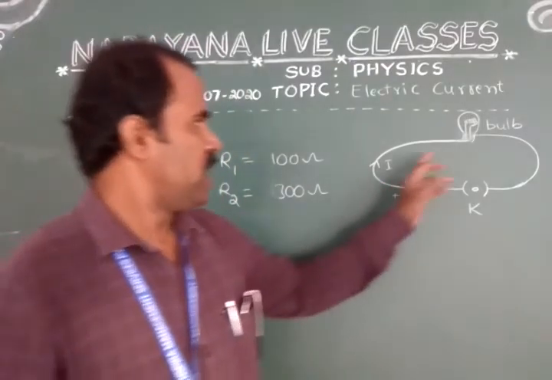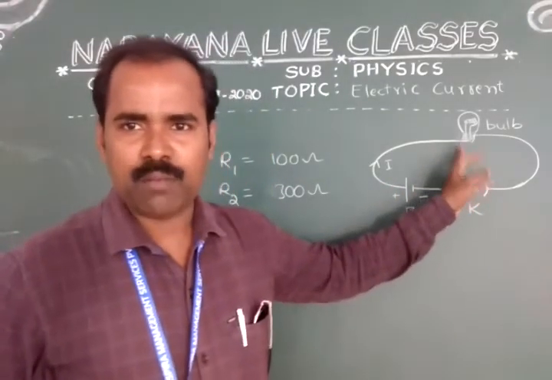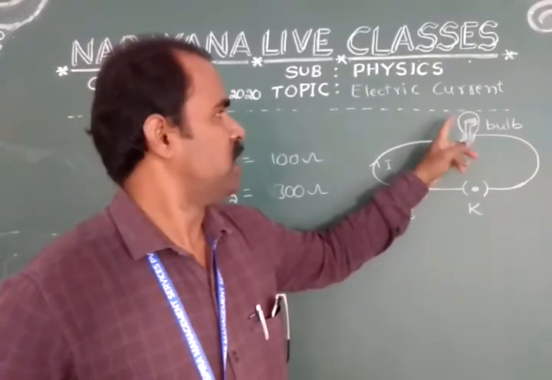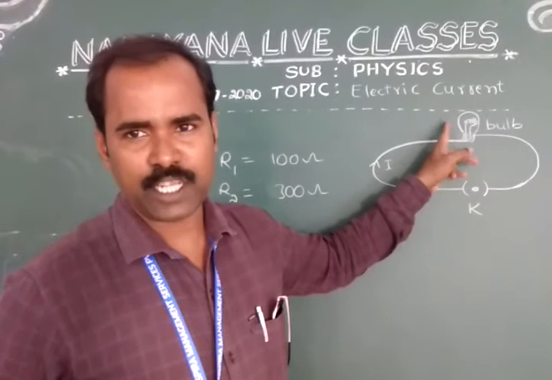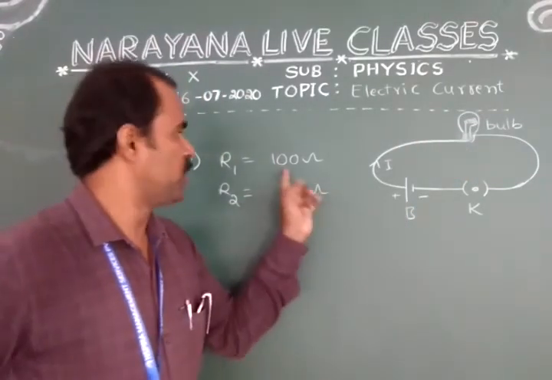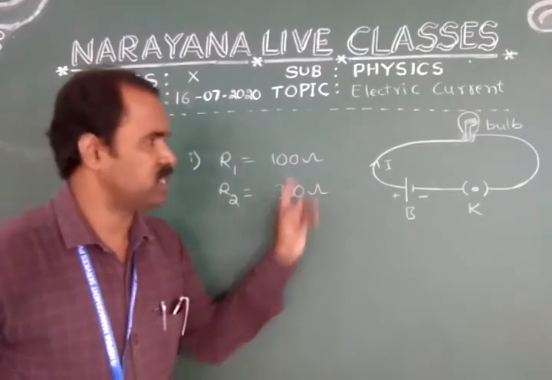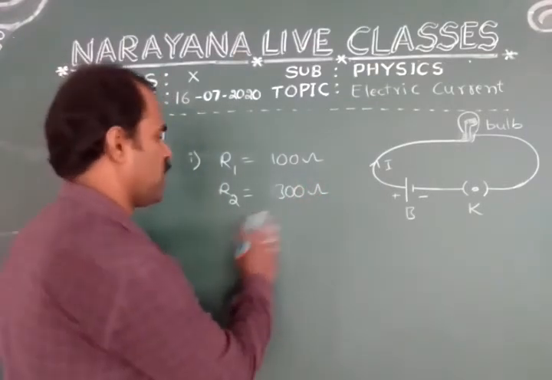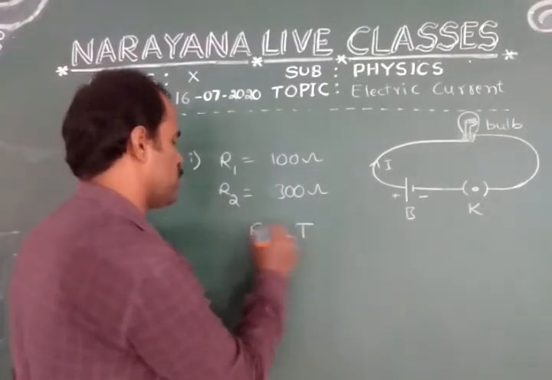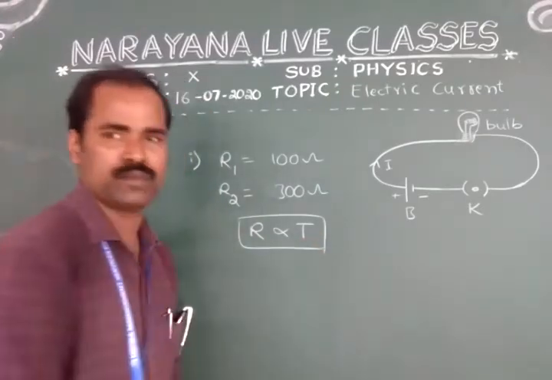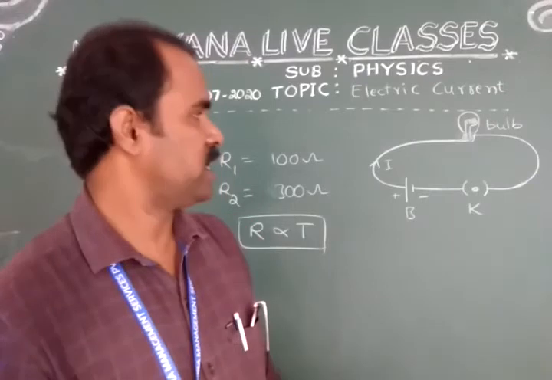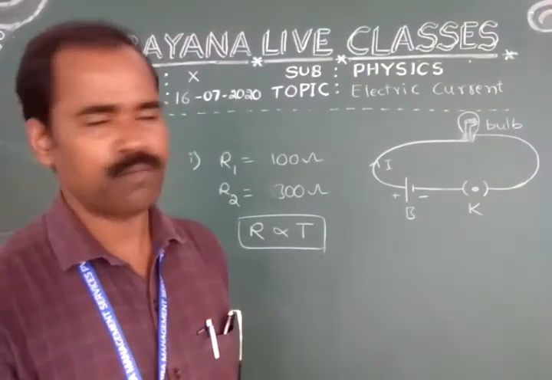That means whenever the current passes through the bulb filament, due to the heating effect of the current, temperature increases. As temperature increases, we got a greater value than the previous case. That means resistance and temperature are interrelated. Resistance is directly proportional to temperature. As temperature increases, its resistance also increases. That is our activity.